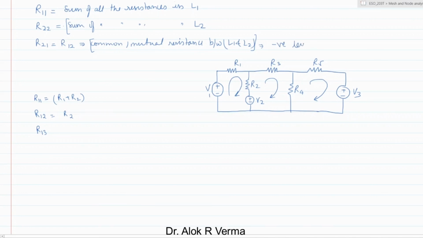So R11 is R1 plus R2, R12 is R2, which is common between this and this. Now if we consider R13, it is nothing but 0 because there is no common branch between L1 and L3.